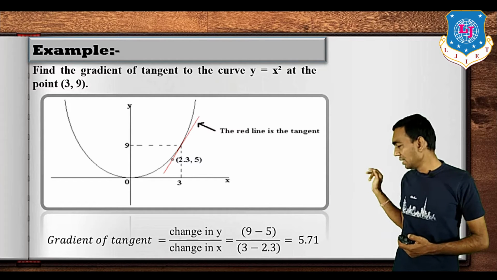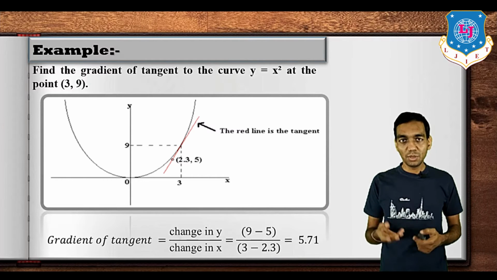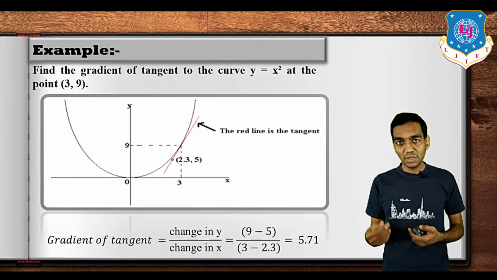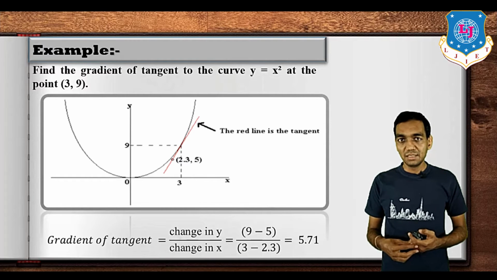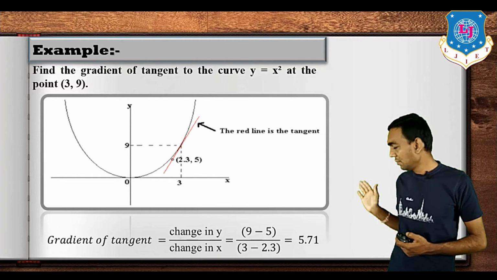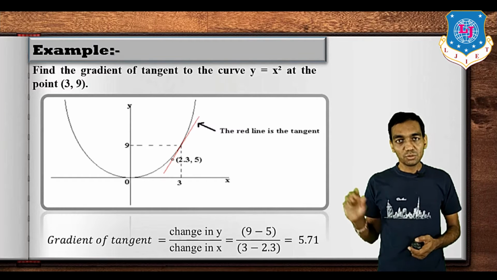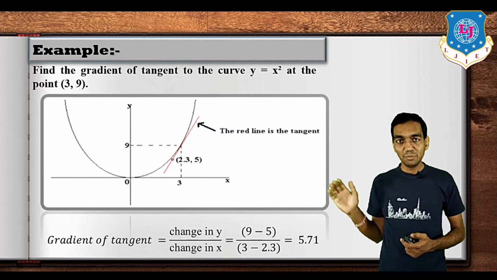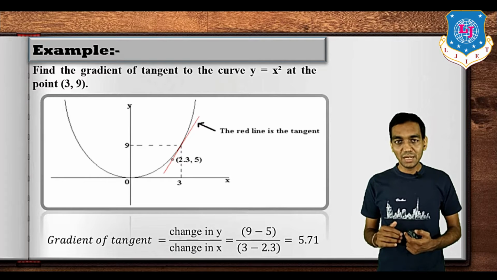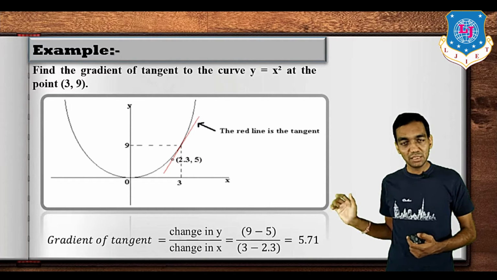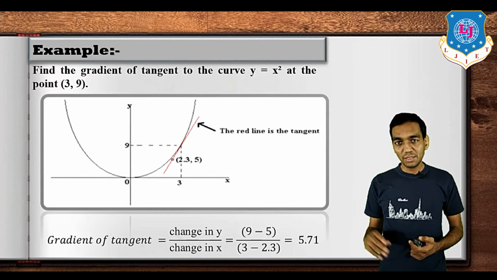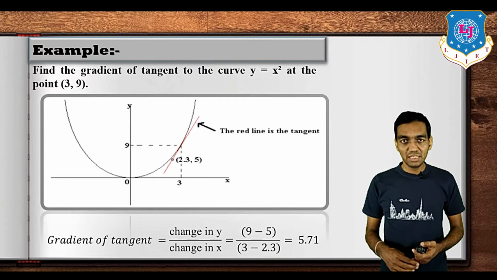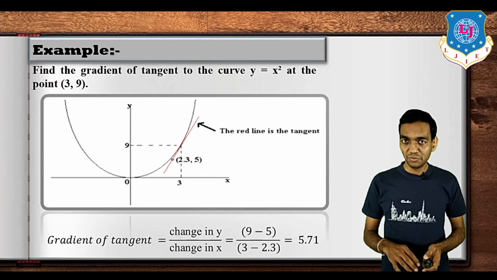Now to find the slope of the tangent, you have to apply the slope formula. The slope is nothing but the change in y divided by the change in x. So the change in y, that means 9 minus 5, divided by the change in x, that means 3 minus 2.3. So that means 4 upon 0.7, which is approximately 5.71.